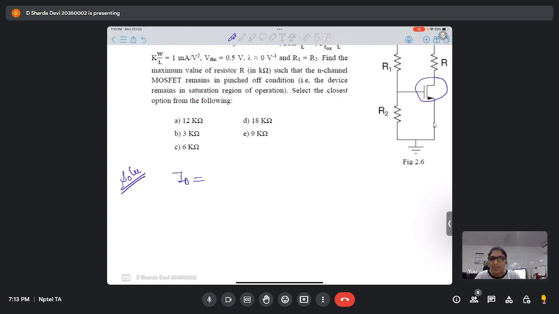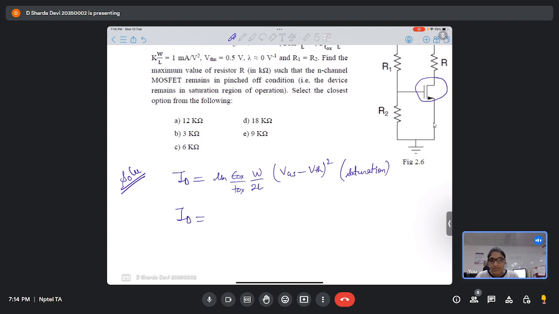Ma'am, it's mu n epsilon by T ox multiplied by W by twice L into (VGS minus VTH) the whole square in saturation. Okay, this is in saturation. So anyone want to try for the triode region? What is the current in the triode region?